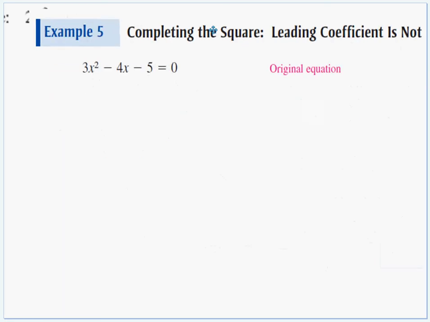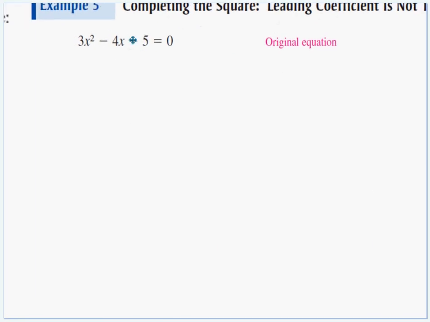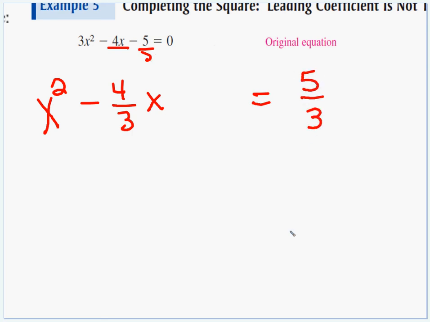Okay, the last one here. Again, leading coefficient is not a 1, so we're going to divide by 3. So this is going to be 4/3 x. And then this will be a minus 5/3, but we're going to add that to both sides. So over here it's a plus 5/3.